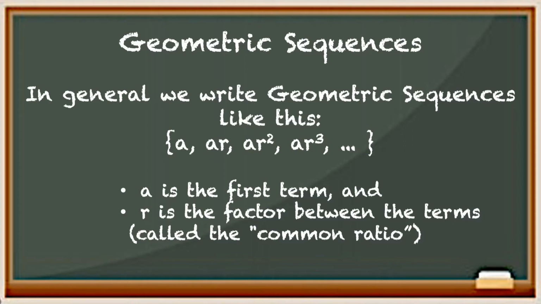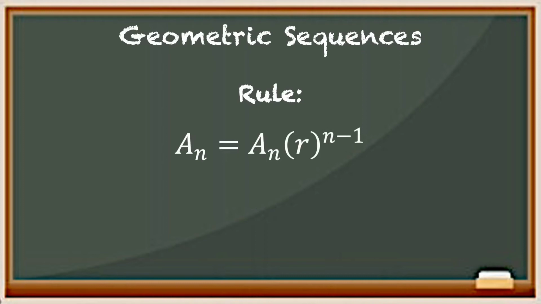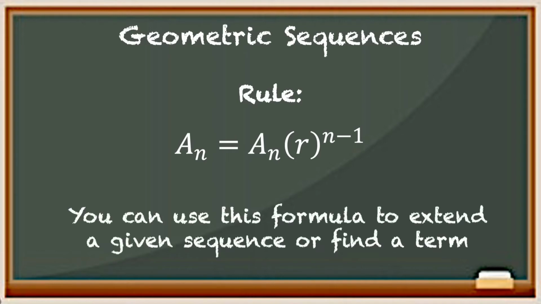Using this, we can calculate any term using the following rule. You generally start off with the first term, then you're looking for the common ratio, and then your exponent. And this looks as follows. You can further use this formula to extend a given sequence or even find a term.